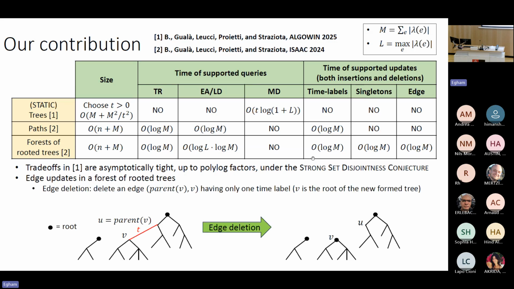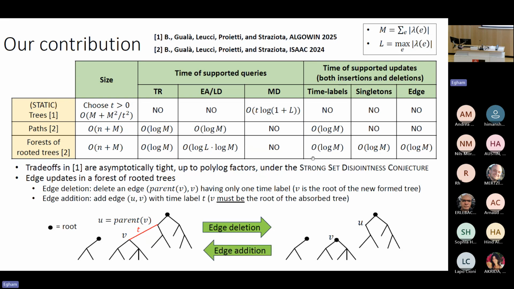So we cannot delete any edge in the forest of rooted trees, but we can delete all the edges of the form that you see on the left side of the slide. So we can delete an edge from V to its parent if the edge retains only a single time label. And when we delete the edge, V becomes automatically the root of the newly formed tree.